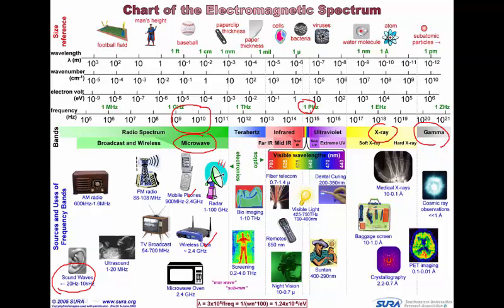Our eyes can recognize only that limited range, from red to violet. Anything below red, our eyes cannot recognize. We call that infrared. A lot of sensors are functioning in that frequency range. Sensors.